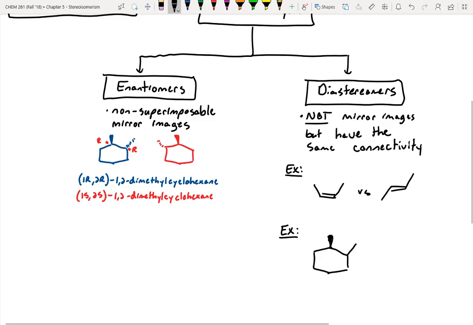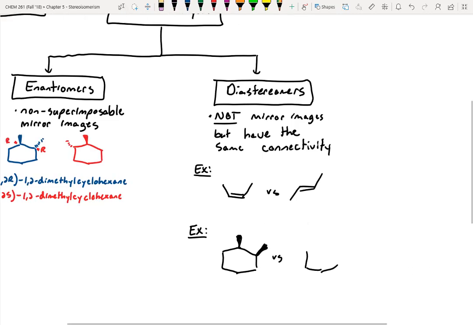So we'll do the 1,2-dimethylcyclohexane example. Oh, let me zoom over here. I'm running out of screen space. If we look at these two samples of 1,2-dimethylcyclohexane, do you see how if we try to do the mirror plane down here, they're not true reflections of one another.